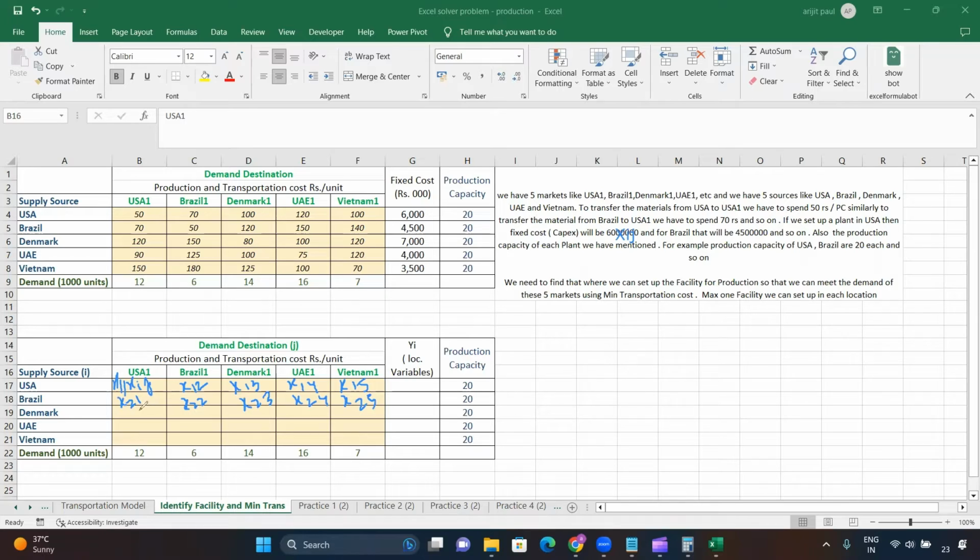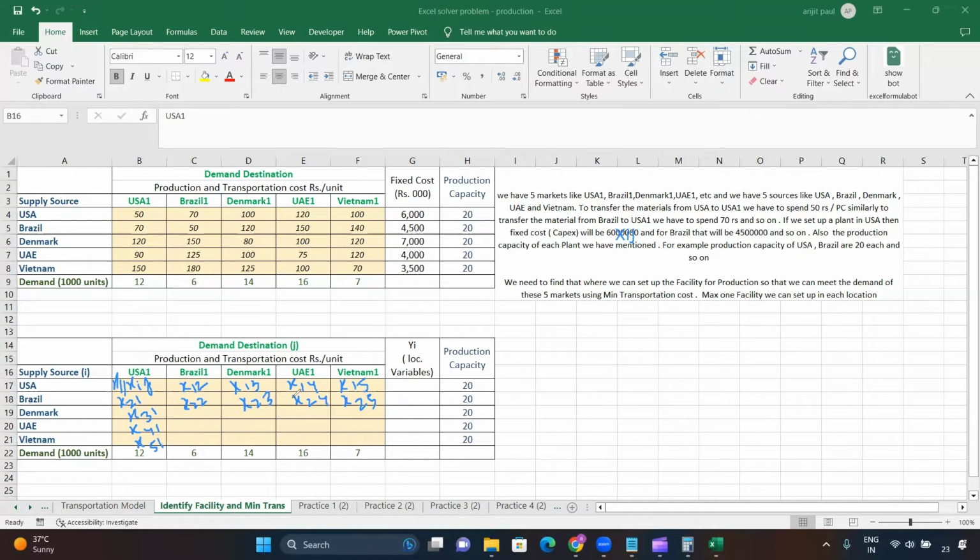Similarly, here we can mention X31, for this one X41, and this is X51, right? So 5 is the source Vietnam, and 1 is the market USA.